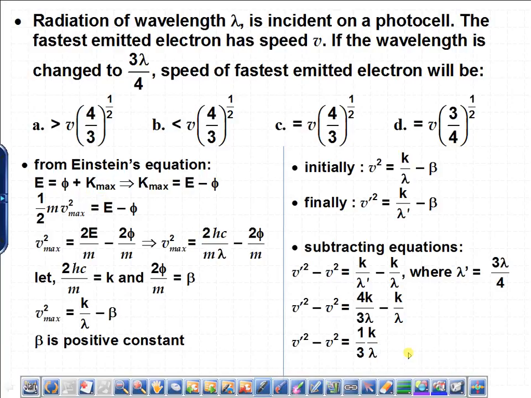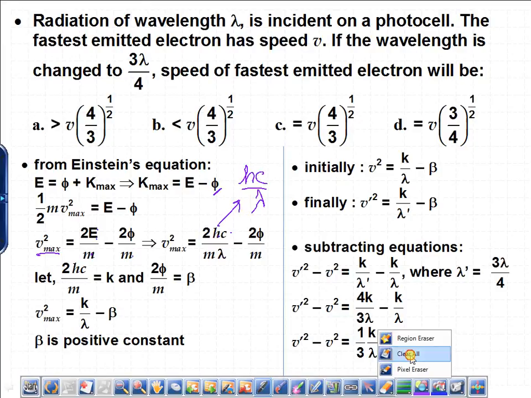Now we know that kinetic energy is half m v max square, E is equal to hc by lambda, and phi is the work function. Making v the subject of the formula, we get v square equals twice E by m minus twice phi by m, and E can be replaced as hc by lambda.